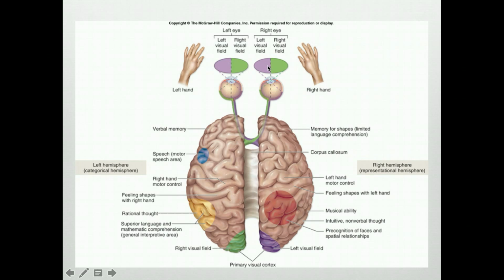So for example here, the right visual field here will get sent from this right eye, and it will decussate over to the left hemisphere for interpretation by the left occipital lobe. Now, it will also send information from the left visual field here over to the right occipital lobe for interpretation. And so will the left eye. So both eyes have decussating pathways, and it's an excellent way to look at decussation and how those pathways work.